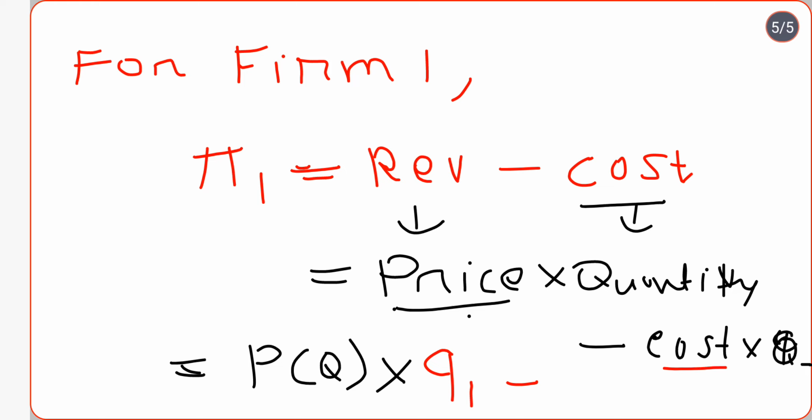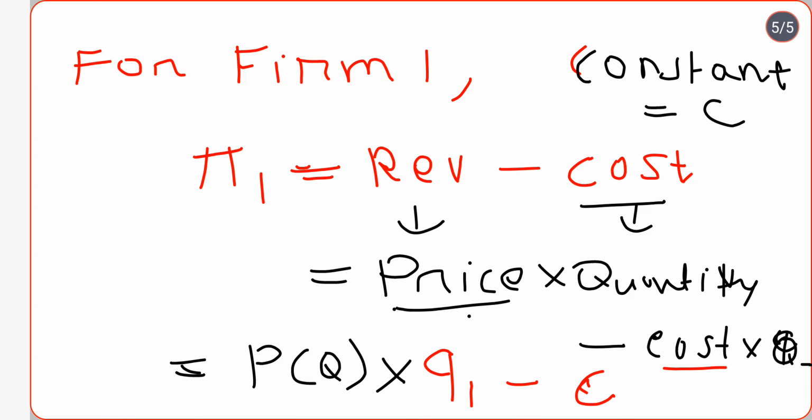Similarly, cost is C, the constant cost in the market, and it is the same for both farms, farm 1 as well as farm 2. And Q is the quantity produced by farm 1, which is Q1, so I can write Q1 here.